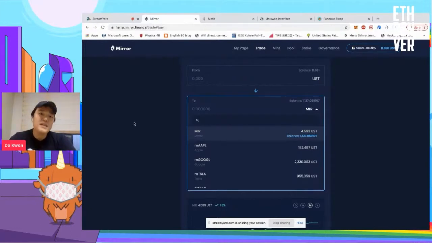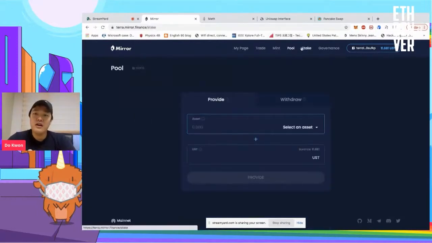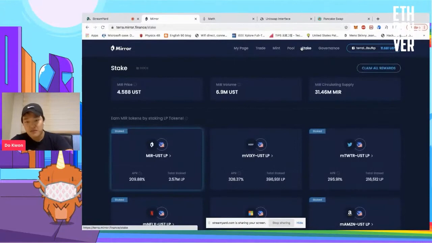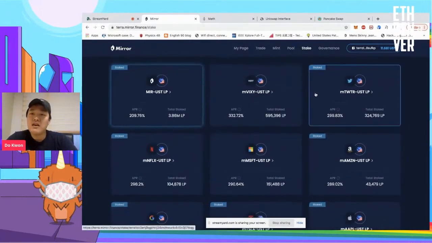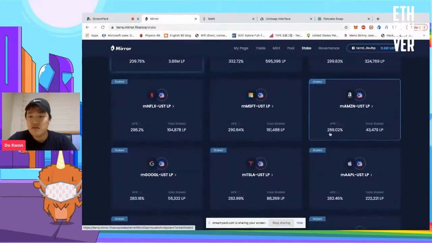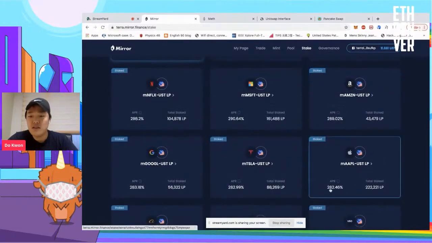Some of the things that are interesting to use on top of these equities versus holding the underlying assets is, number one, the ability to earn a very high APR on top of these things. For example, the APR that you can get on holding Twitter stock is, let's say, 300%, like 290% for Amazon, like 290% for Apple.